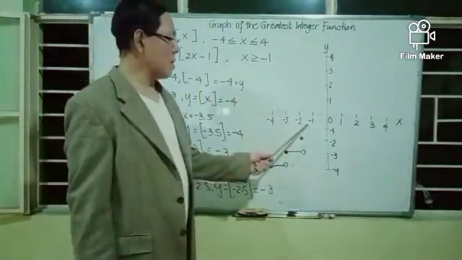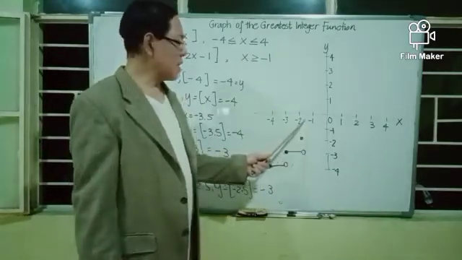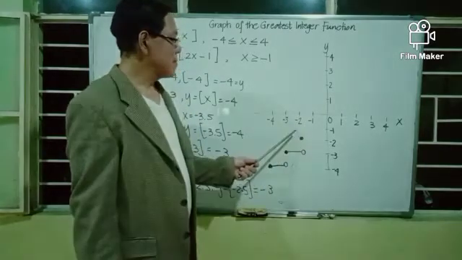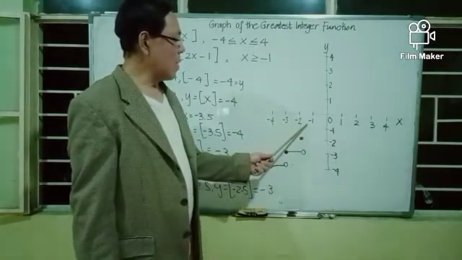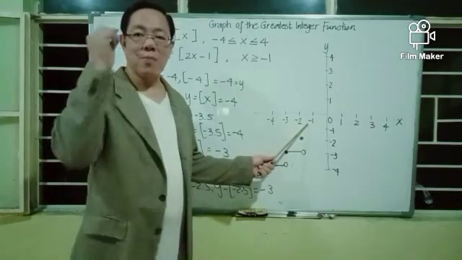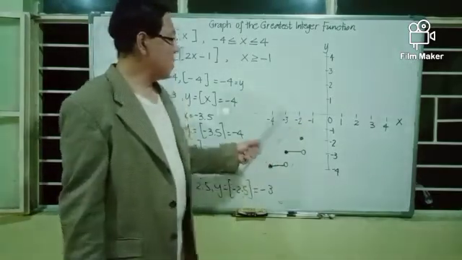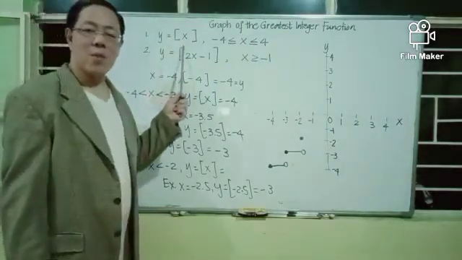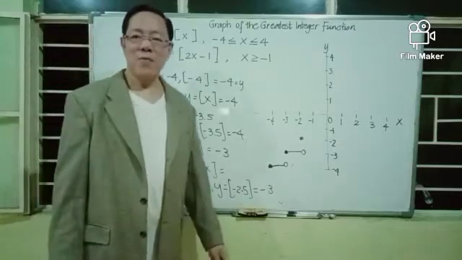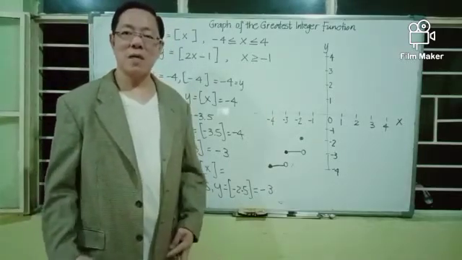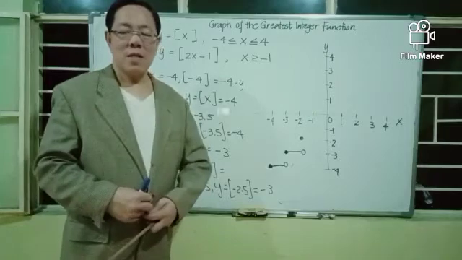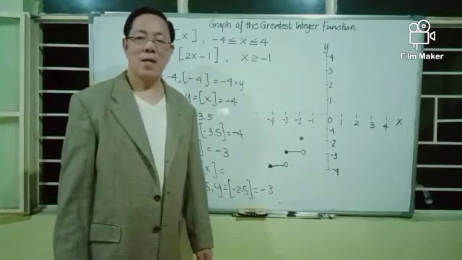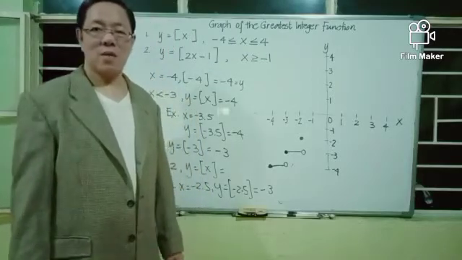Now we consider the real numbers greater than negative 2 but less than negative 1. An example of that real number is negative 1.5. If x is negative 1.5, the value of y is the floor of negative 1.5, which is the greatest integer that is less than or equal to negative 1.5.